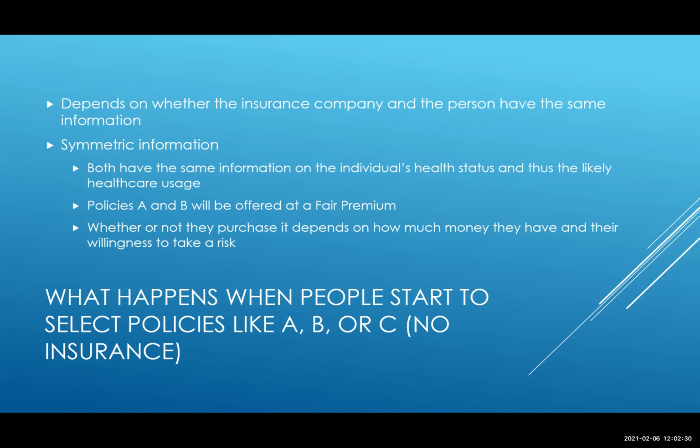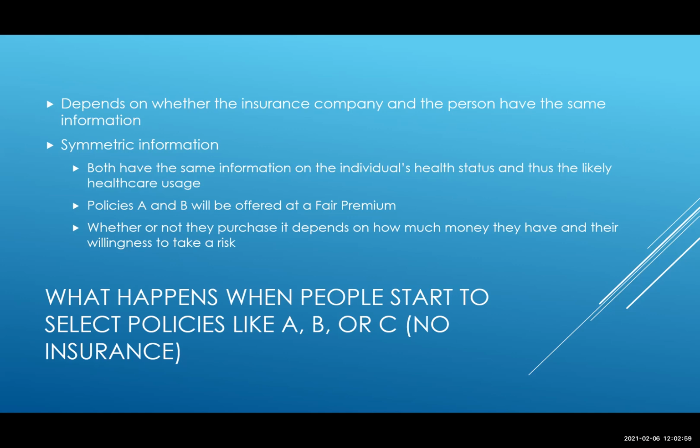With symmetric information, both parties have the same information on the individual's health status, and thus they're likely to know what their health care usage will be. Policy A and policy B are offered at a fair premium. Whether or not to purchase it depends on how much money the purchaser has, or how much they are willing to take a risk.